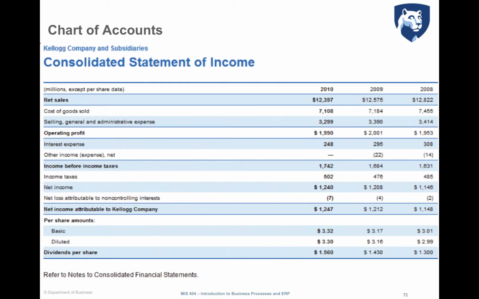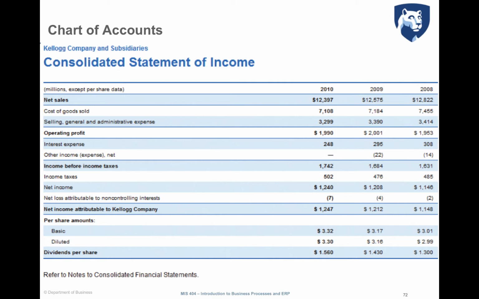Here you see the example of the consolidated statement of income of Kellogg's, which should give you the idea of what a consolidated statement is and what a group chart of accounts is.